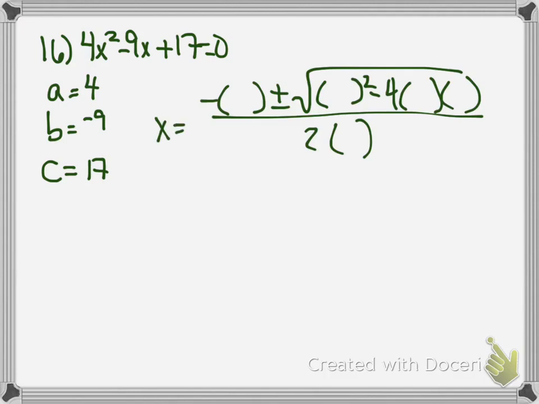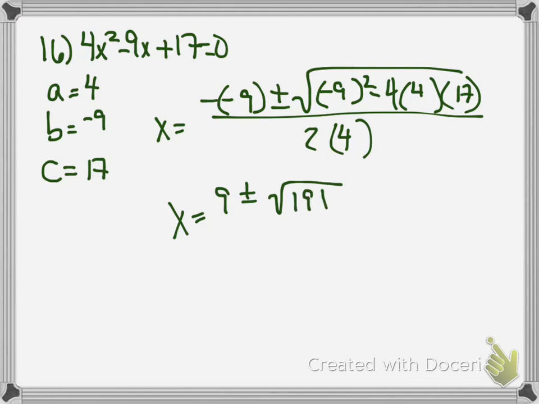Alright, so now I'm ready to plug this in. Notice how I've already got everything written here with the blanks. So that way when I put something like negative 9, I know that's going to become positive. And so all I'm doing right now is just plugging the numbers in and I'm going to see what I get. So right at this point I have x is equal to 9 plus or minus square root of negative 191 over 8.